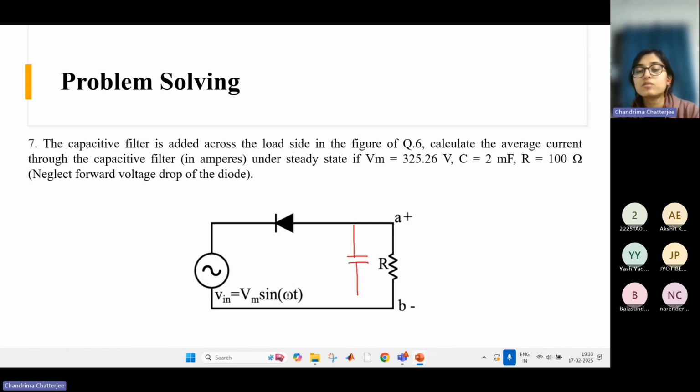Now you tell me what is the average current through the capacitor. Here also there is nothing to calculate. You can straight away say what should be the average current through the capacitor. Can anybody answer what will be the average current if there is a capacitor connected like this across the load?